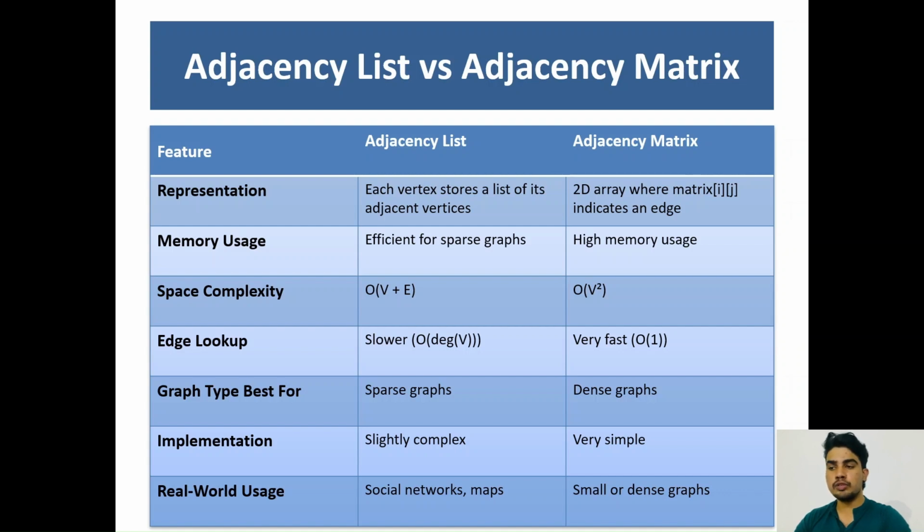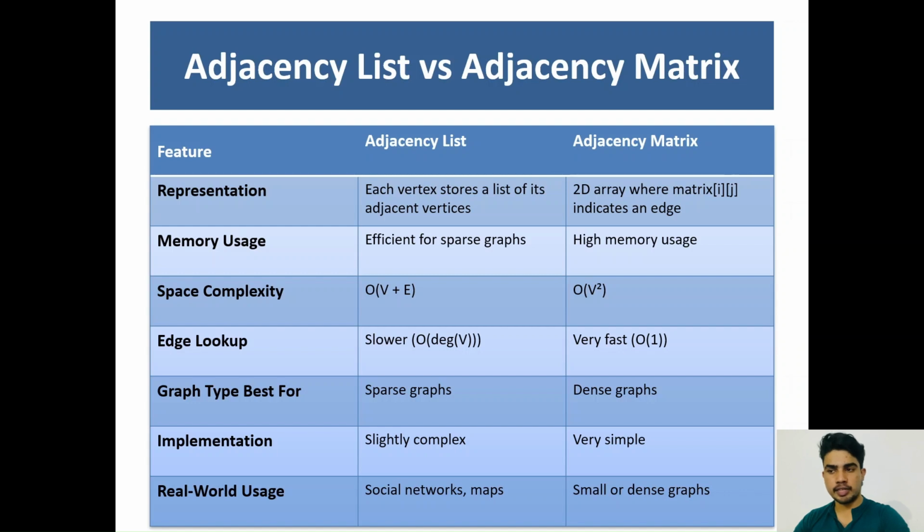Next, we look into memory usage. Adjacency lists are very memory efficient, especially for sparse graphs where only a few connections exist. Adjacency matrices consume much more memory because they store information for every possible pair of vertices.